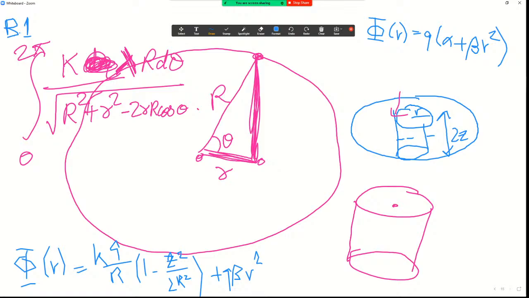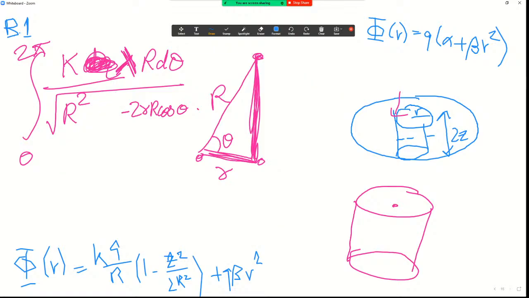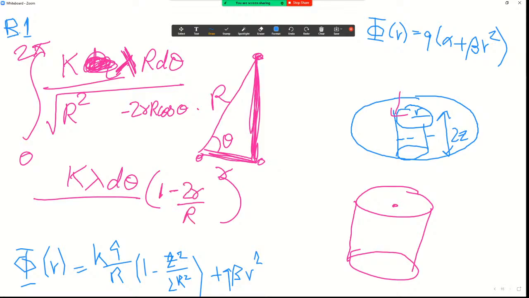So we can use binomial approximation as r is very small, and we can neglect r square order term. So we have k lambda d theta by 1 minus 2r by capital R cos theta to the minus 1 half power, which is equal to, I think we should erase this.